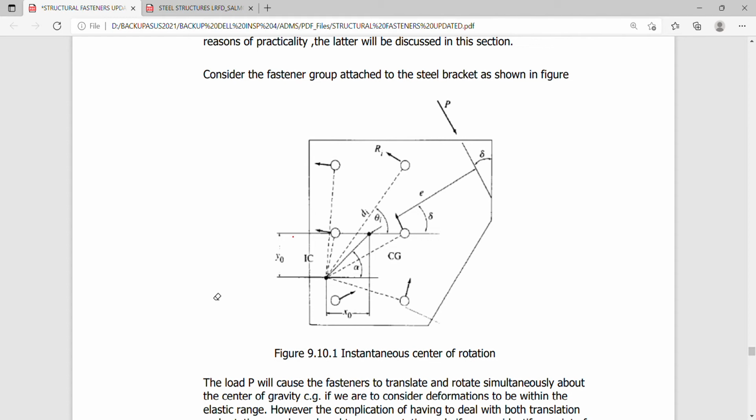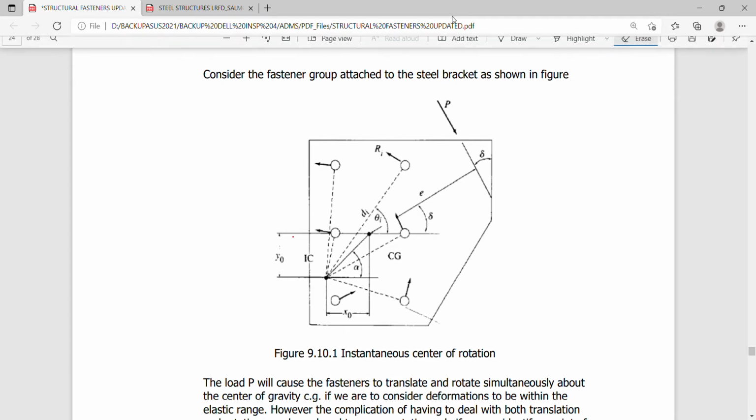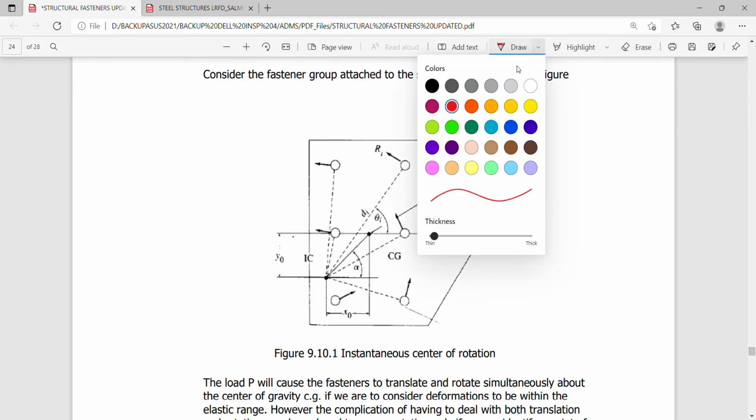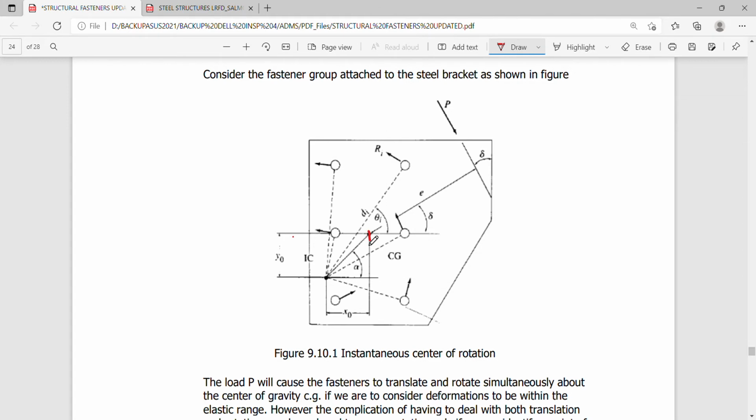So the location of the bolts, of course, are known. That's why the centroid, or the center of gravity, is readily determined by simply taking note of the center of the bolt location.